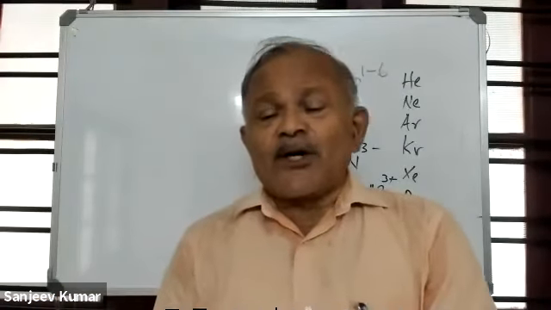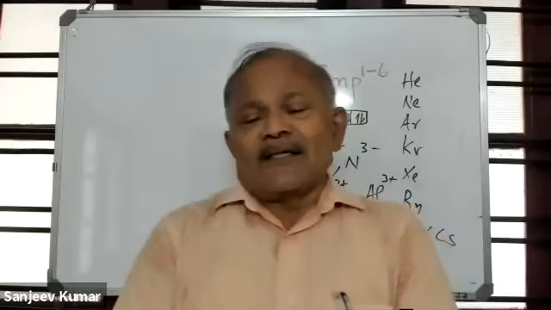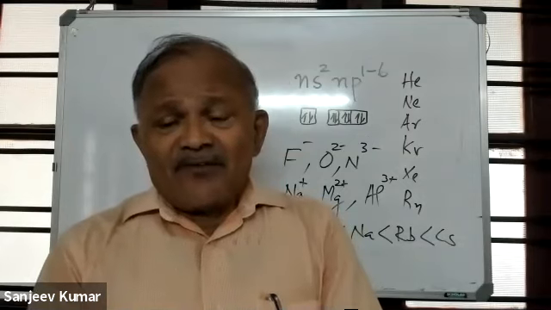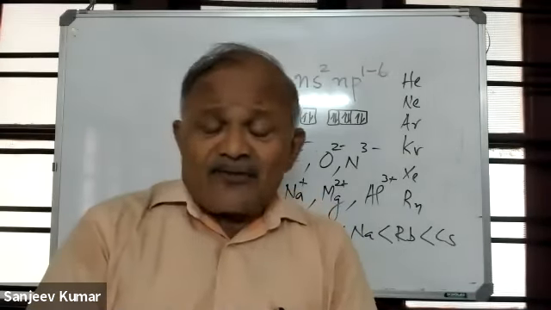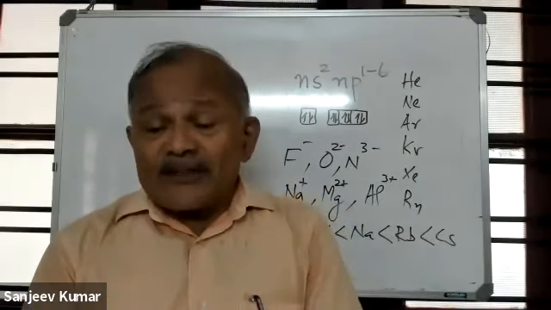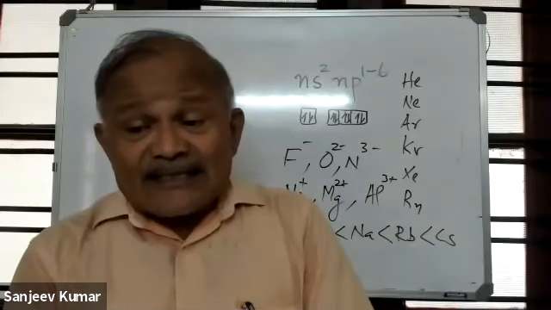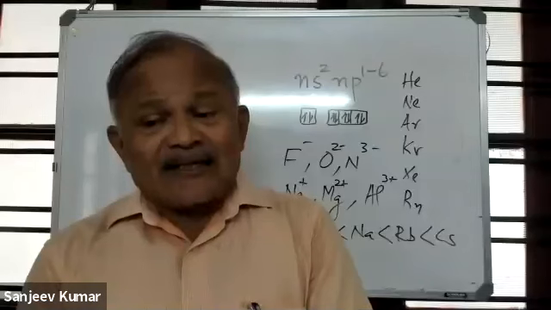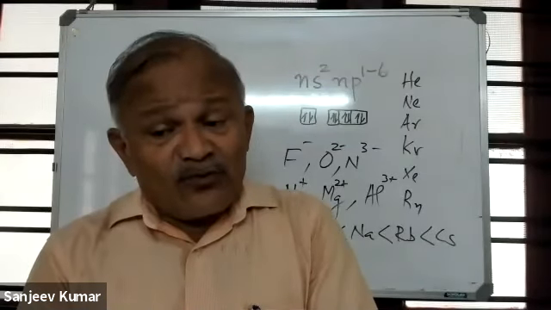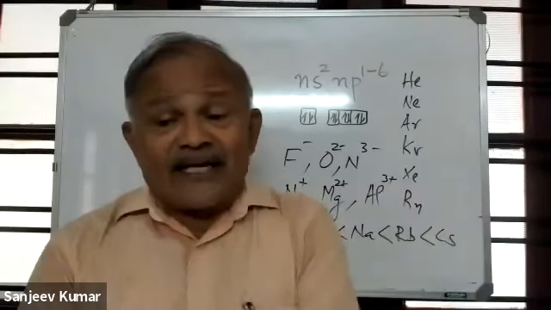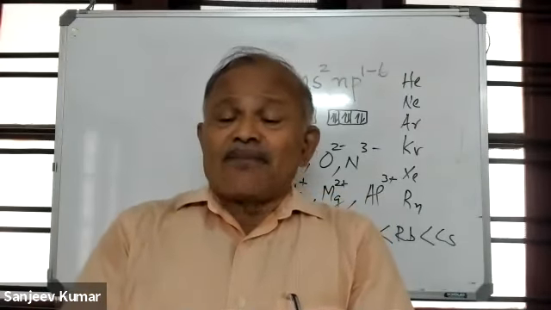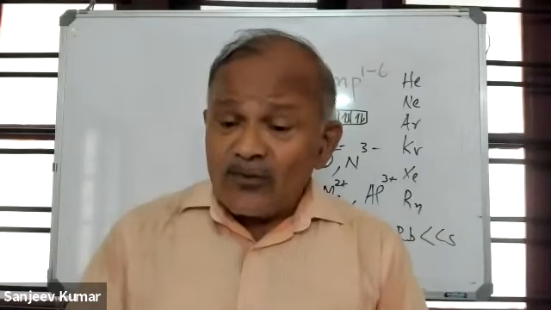There is another element, copper, with atomic number 29. When we write the electronic configuration, we would get 3d9 4s2. But it is not 3d9 4s2, it is 3d10 4s1 because of the extra stability of half-filled and fully filled orbitals. So remember two exceptions: chromium 3d5 4s1 and copper 3d10 4s1.